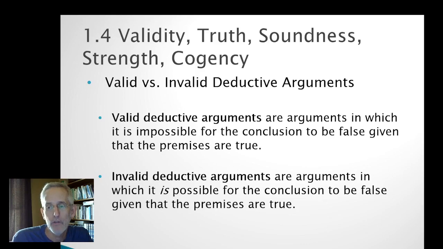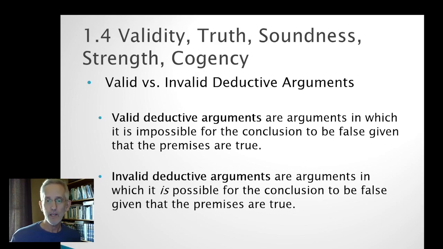Now you might ask yourself, well, doesn't that just sound like the definition of a deductive argument that we were given earlier? Technically it is, because the definition of a deductive argument that I gave you was a definition of a valid deductive argument. But understand what's being conveyed here. When we say a deductive argument is valid, it means that the structure of the argument, the way the terms are arranged in relation to each other, the way the statements interact with each other, makes it impossible for the premises to be true and the conclusion false.